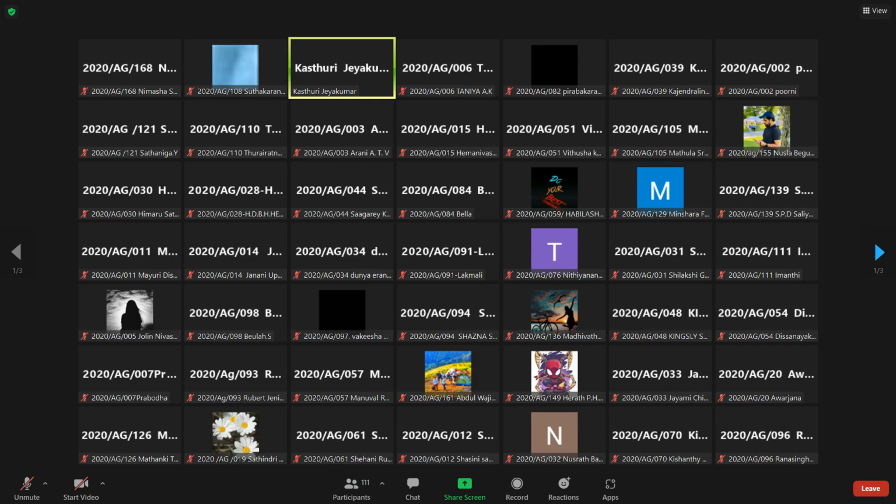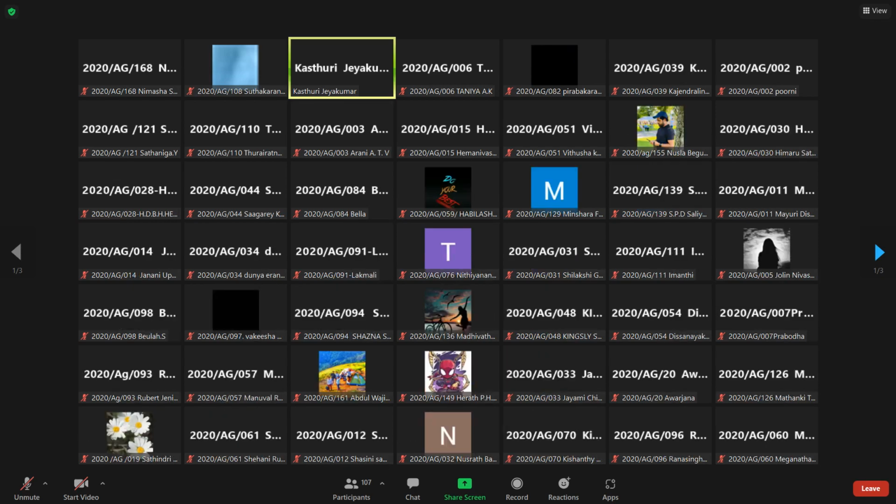First you have to read, then you have to explain the content inside that slide to your batchmates. 2020 AG039, then followed by 2020 AG152, third slide 091, fourth slide 076, fifth slide 024, sixth one 011, seventh one 082, eighth one 005, ninth slide 098, 10th slide 121, 11th slide 132, and 12th one 002.